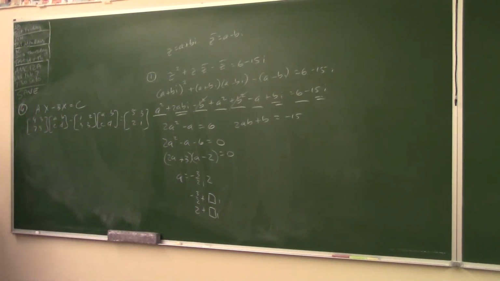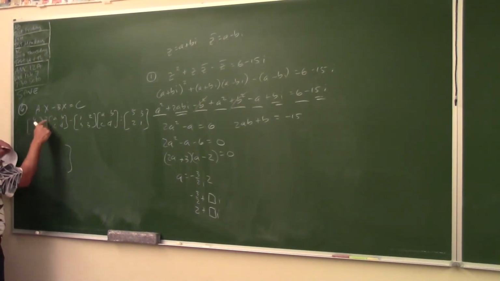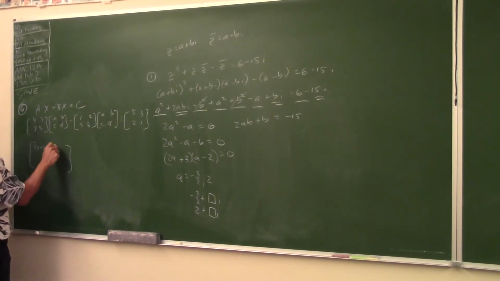So you just carry out the multiplication. Remember how you multiply? You go across and you come down: 4a plus 3c, 4b plus 3d.